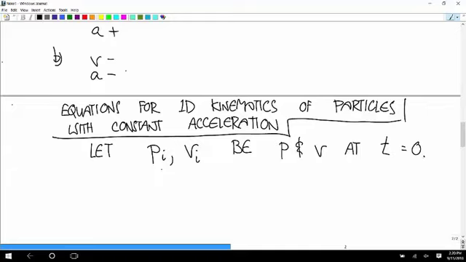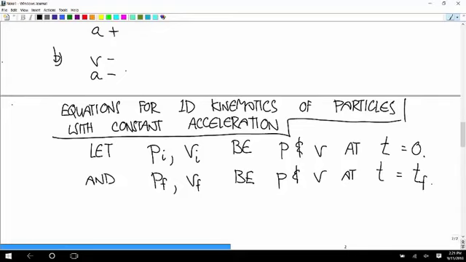So when Pi and Vi occur in these equations, it means those are the position and velocity at time equals 0. And PF and VF are the position and velocity at time TF.